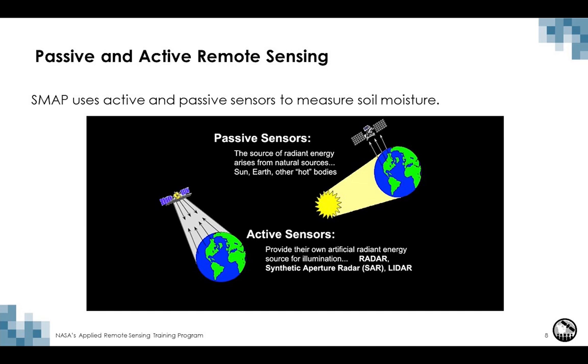So it provides its own illumination source and sends a wave and measures the reflection back from the target. As mentioned, the SMAP radar is no longer working, and SMAP has relied on its radiometer to produce soil moisture products. However, SMAP is using radar data from the European Space Agency's Sentinel-1 satellite, which has a radar sensor, and I'll talk about this a bit further along.